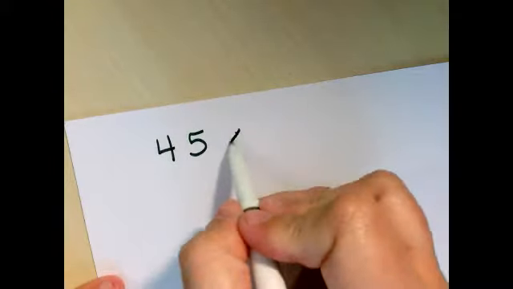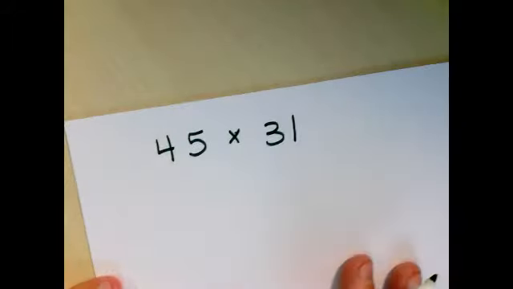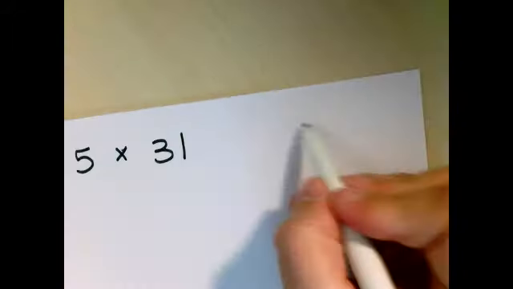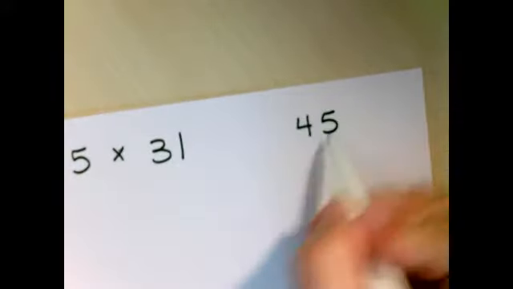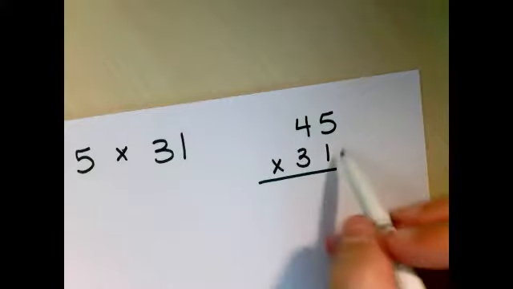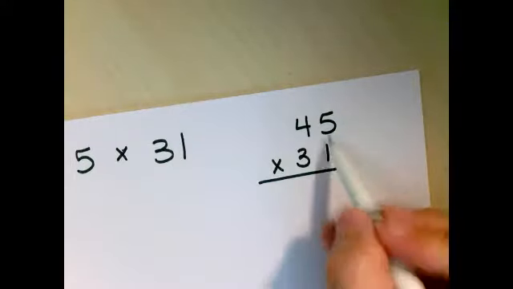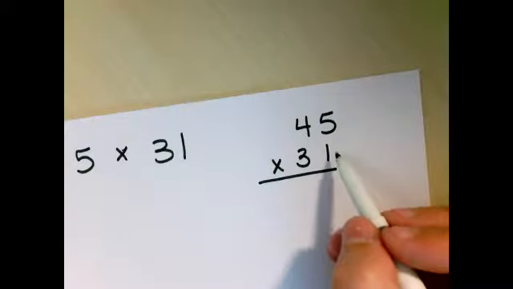All right, as most of you know, if we were given a multiplication problem such as 45 times 31, many of you would go ahead and jump into standard algorithm and write this out, and then a lot of us were taught growing up to go ahead and multiply from that ones place.